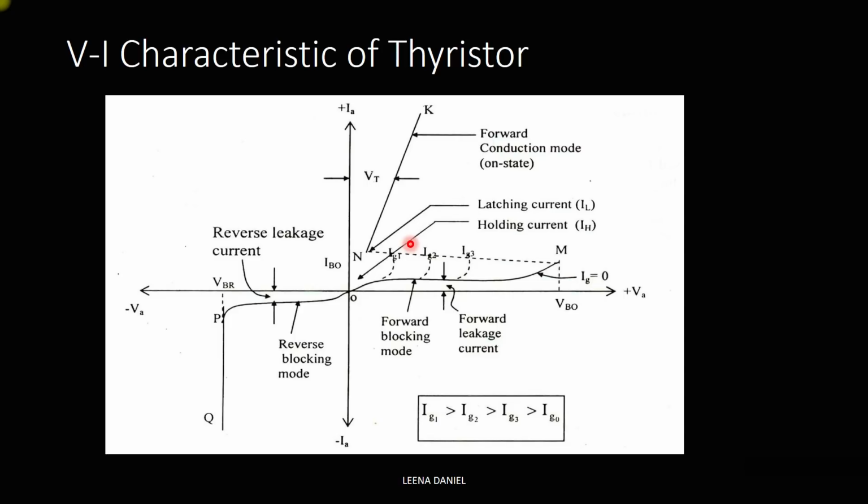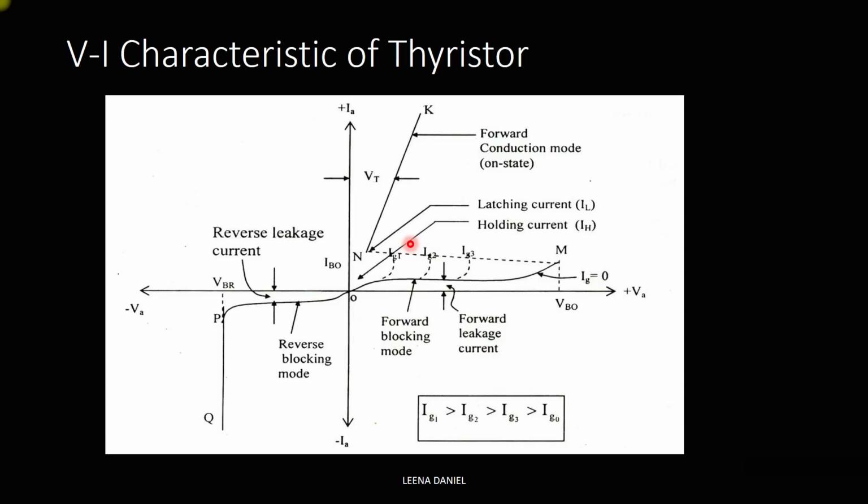So latching current is associated with the turn on process of the thyristor, and by possessing this current, the thyristor latches from off state to on state. And once the thyristor is in the on state, the gate loses its control. If you remove the gate signal, the thyristor maintains the on position.